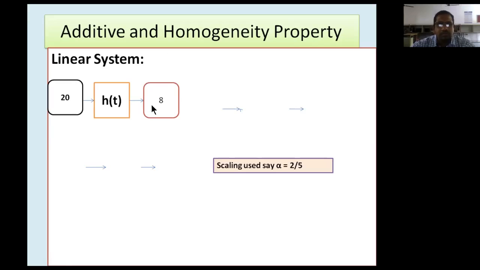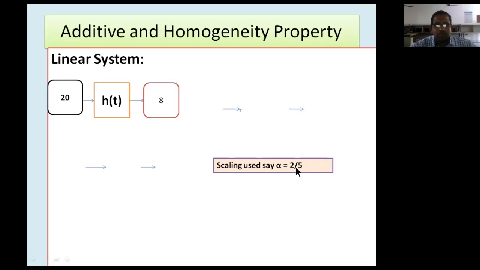So let us look into this example with some values. Imagine there is a system h of t, where the system gives a response for a given input. It has given the response 8 for a given input 20. For this system, I am using a scaling value alpha equal to 2 by 5.